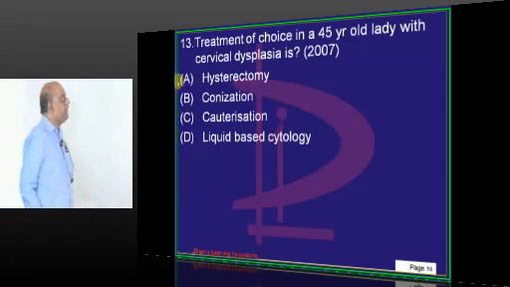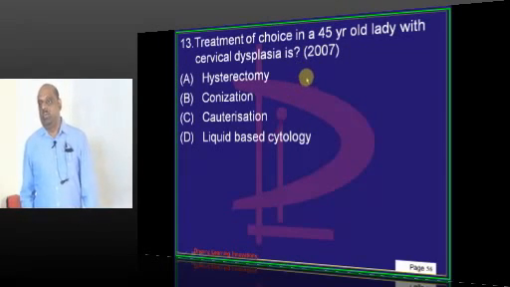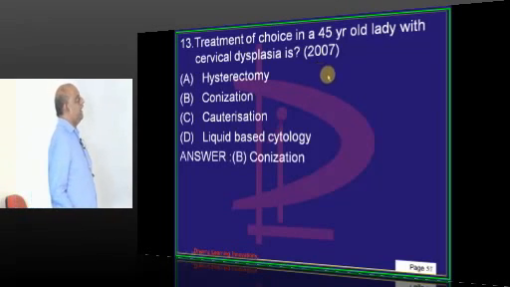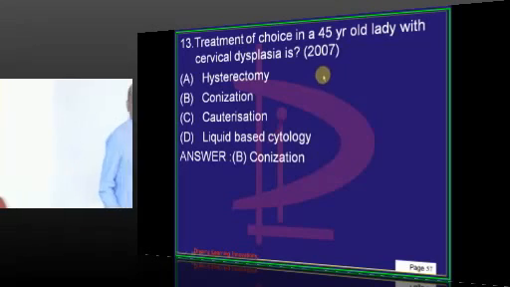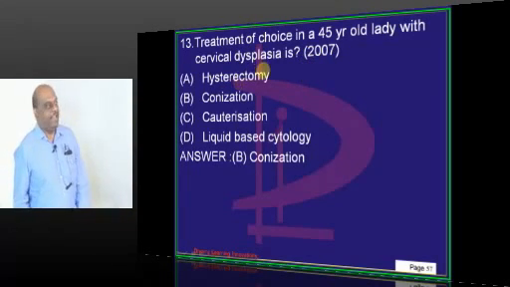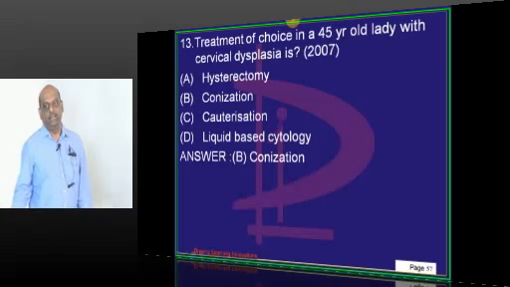A 45-year-old woman who has cervical dysplasia, what is the treatment of choice? It differs whether she has finished her family size, India versus America. In India, for a village woman to come for regular follow-up, leaving all her agricultural work, is very difficult.